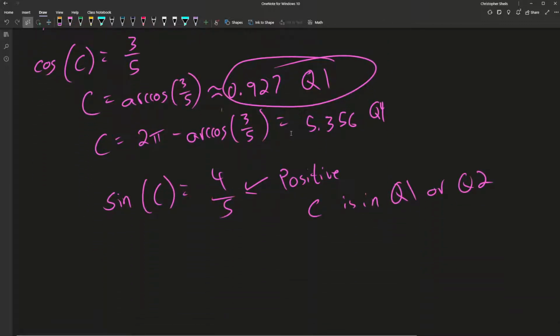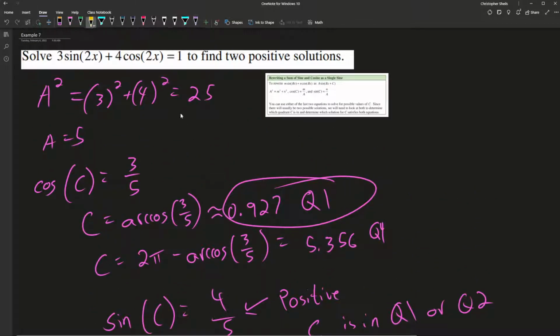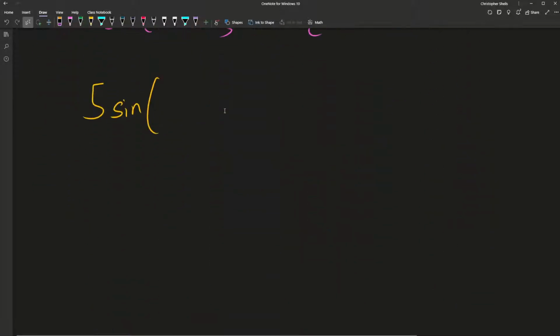So I can write my equation now. I said that A was 5. This is 5 times sine of, I didn't state what B was, but B is this 2, 2x plus, I said that C was this 0.927.